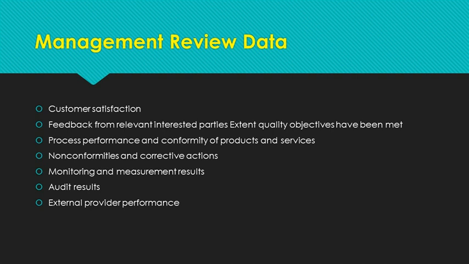What must be included in the management review? Well, information on the performance and effectiveness of the QMS, including trends. Now that's the difference between the analysis and evaluation. You've got to include trends in the management review of customer satisfaction. You need trends of feedback from relevant interested parties. Now, auditors interpret this differently, and I've seen auditors ask for feedback and trends from shareholders.